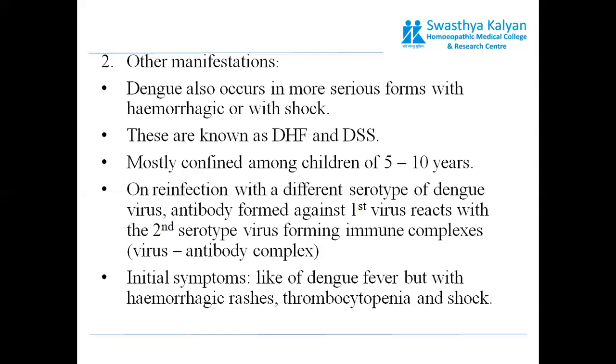So a complex known as a virus-antibody complex is formed, and the symptoms of dengue fever are present along with hemorrhagic rashes, thrombocytopenia, and shock. So obviously the mortality rate in this type of fever, where there is hemorrhage and also shock associated, would be quite high and the recovery rate obviously lower.